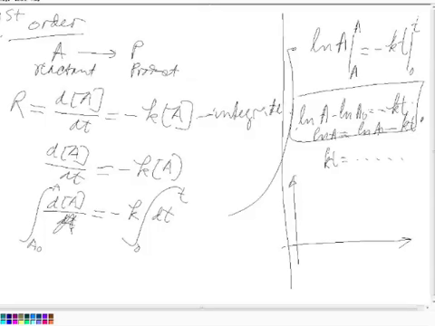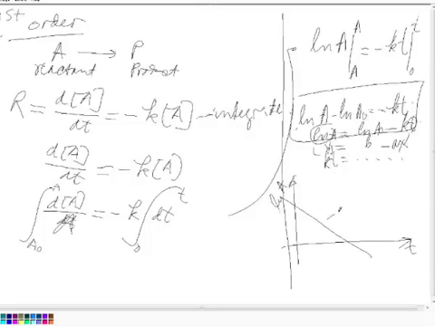When we plot ln A versus t, this is like y equal to b minus ax, where x is t and y is ln A. So we get a graph like this.